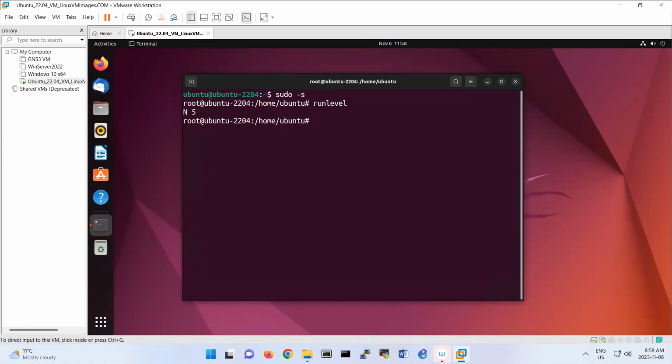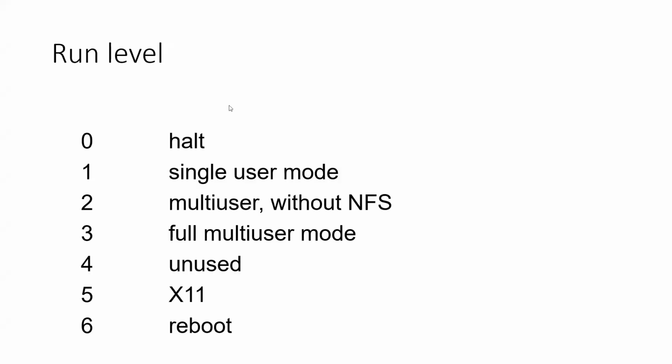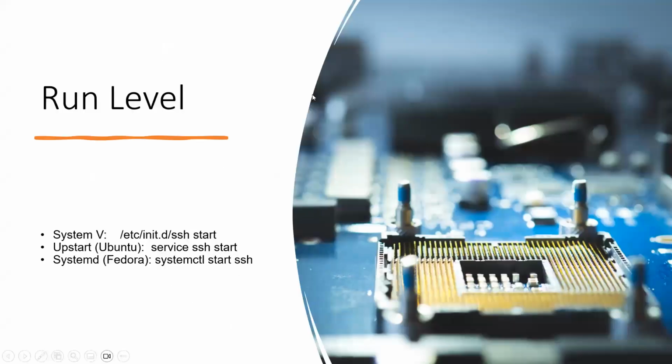The thing is that when you're comparing these commands together, there are different commands for system V, upstart, like Ubuntu's, and system D, which is similar to Fedora. So when we wanted in the past to restart some services, we were using this command under system V, etc init.d, then the name of a service that you're starting or restarting, for example SSH.